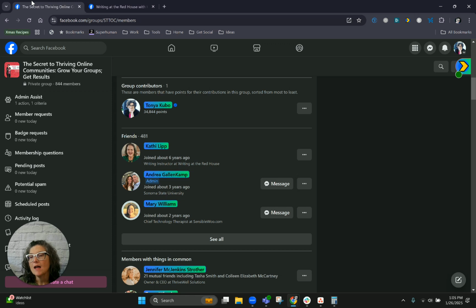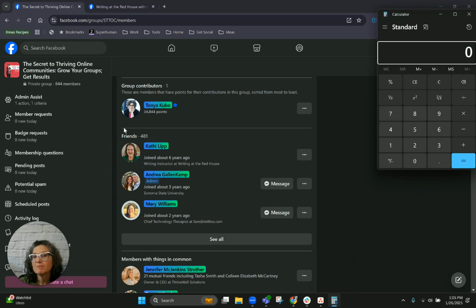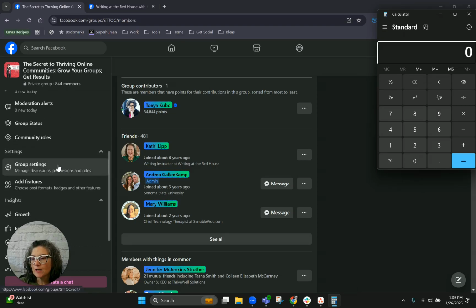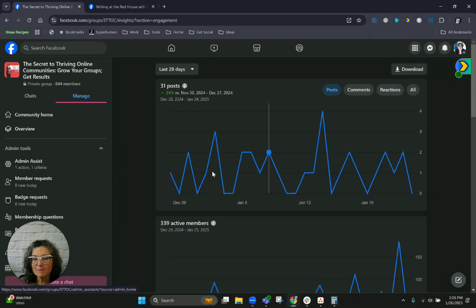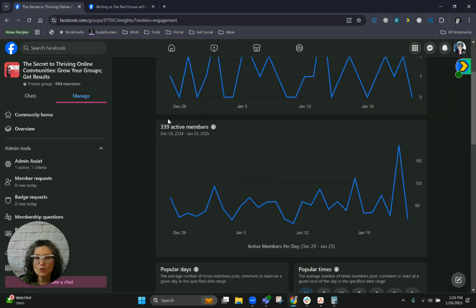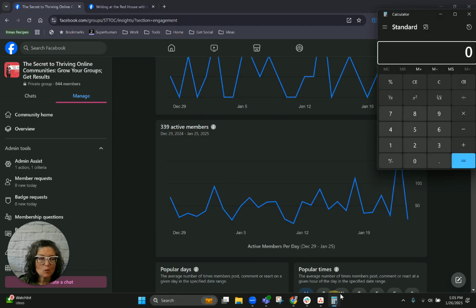So I just cleaned mine, and let's just say that my group initially was telling me that I had 850 members. Well, if I went down over here to my engagement, and it told me here I have 339 active members. Well, if I thought I had 850 members, I would want to figure out my engagement rate by taking my active members and dividing that by my total members, which was 850, and I would get an engagement rate of 39.8%. Not bad at all.